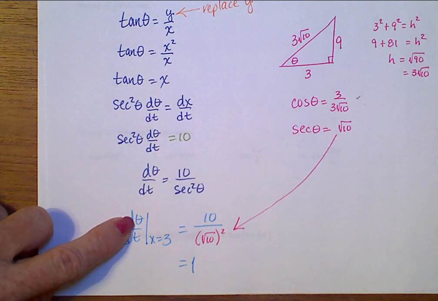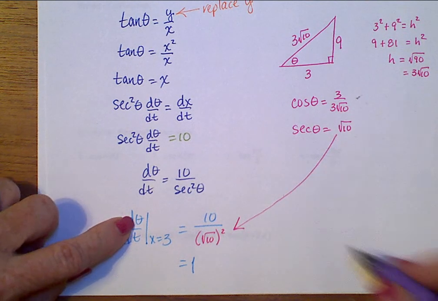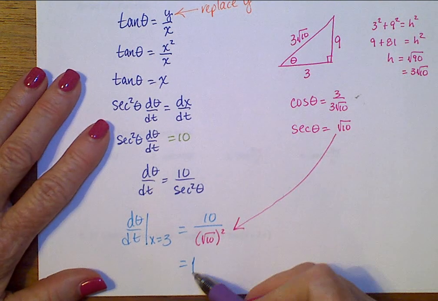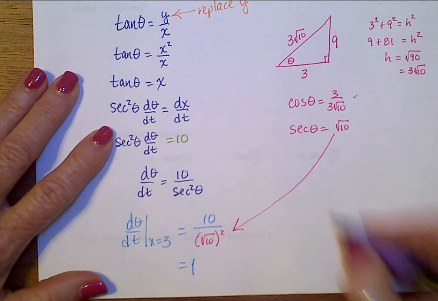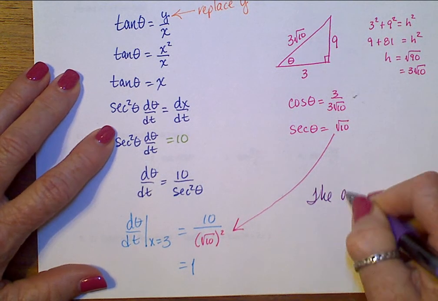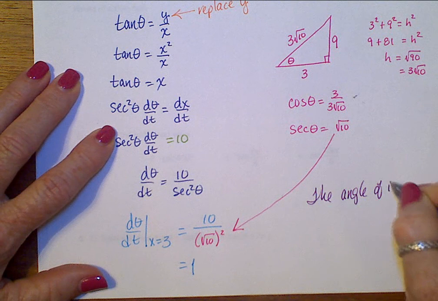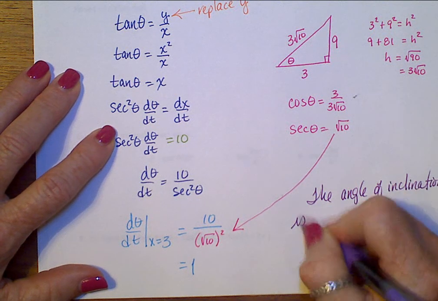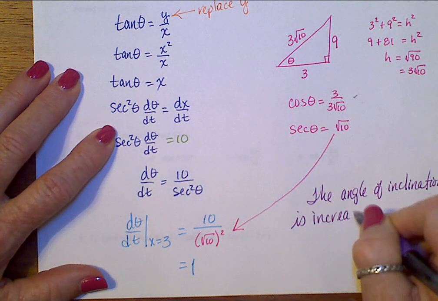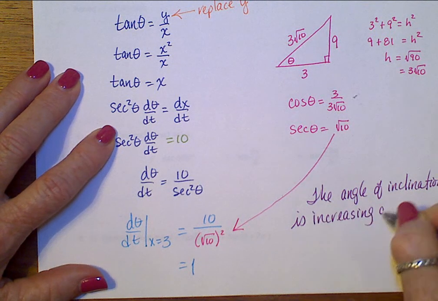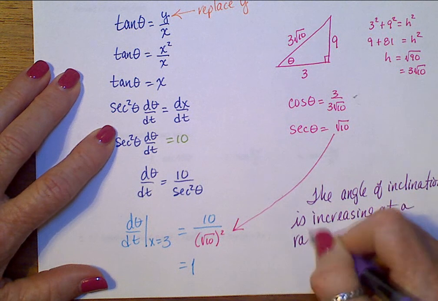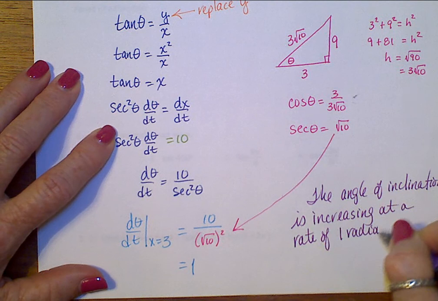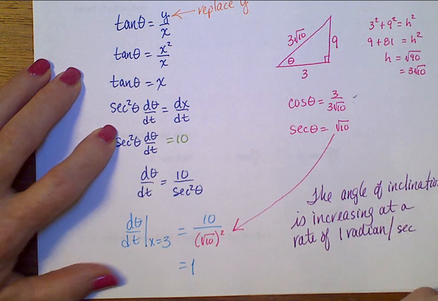Angles in calculus are always measured in radians, so that angle is increasing at a rate of 1 radian per second when x is 3.